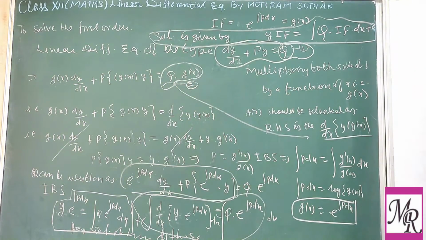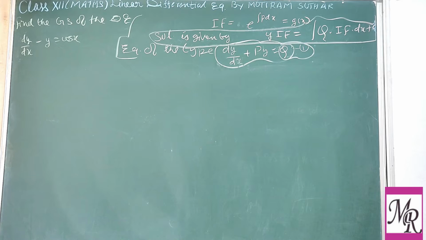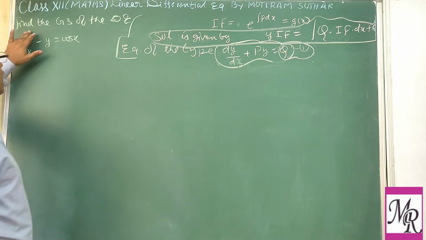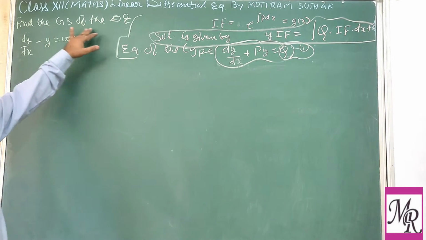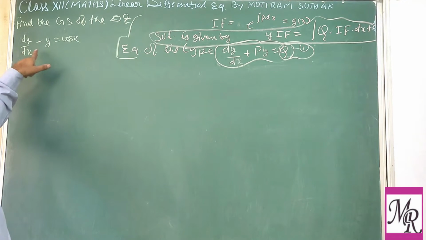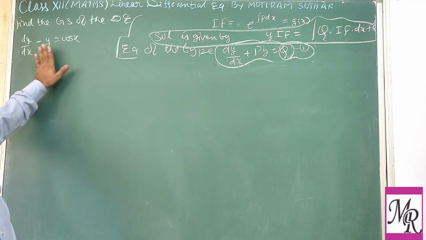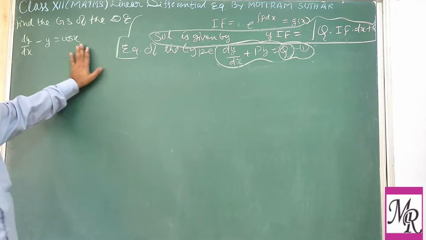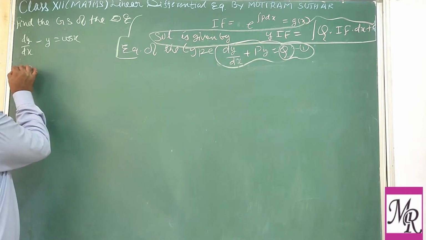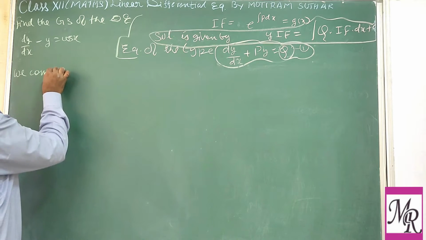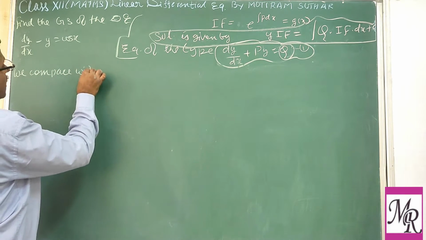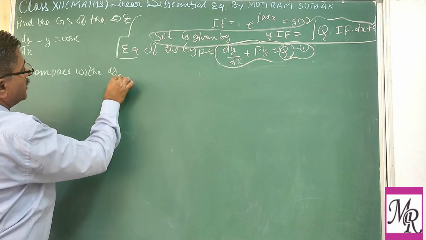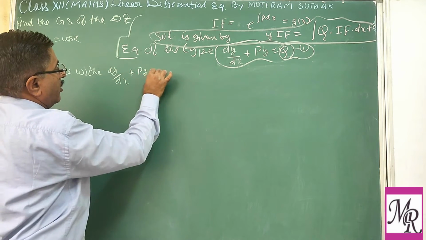So let's say a problem is there. Find the general solution of the differential equation. What is the differential equation? dy by dx minus y equal to cos x. So we compare with the given form, to see whether this is a linear differential equation or not.